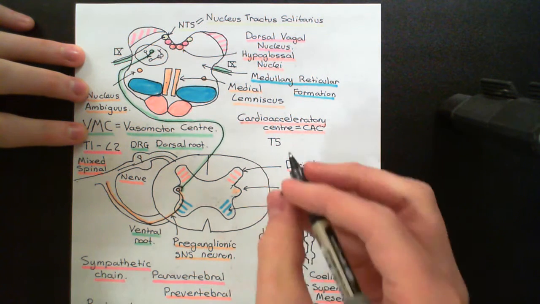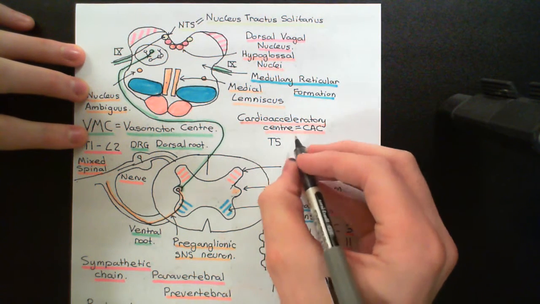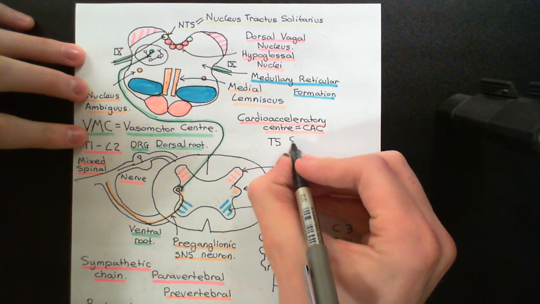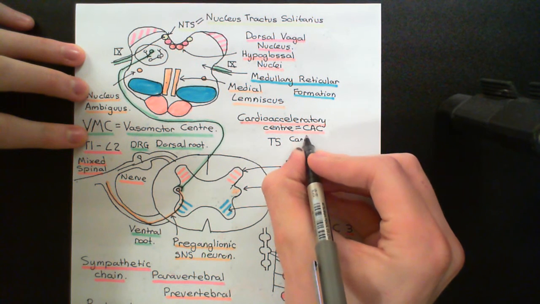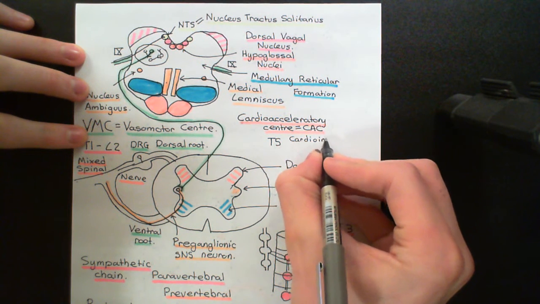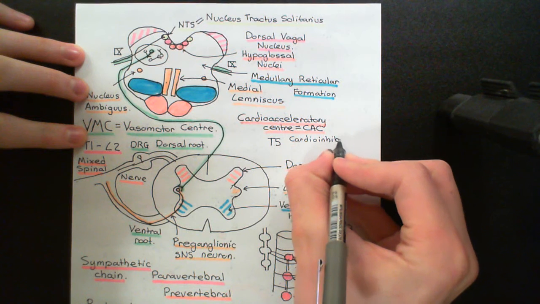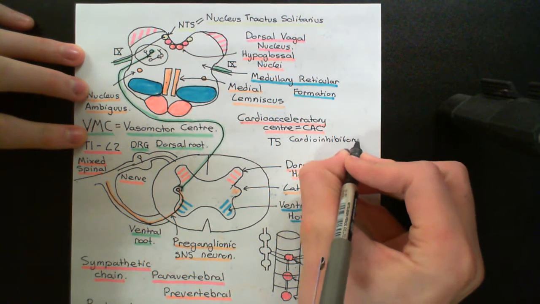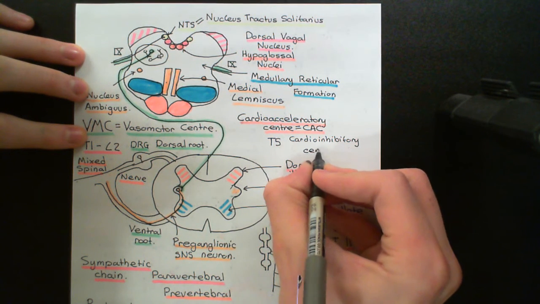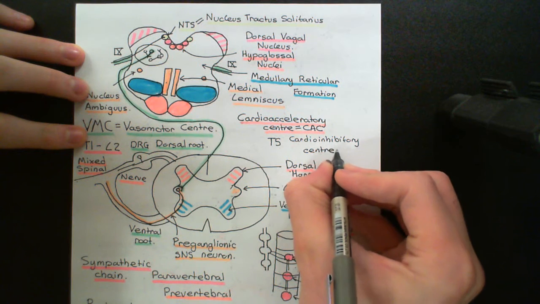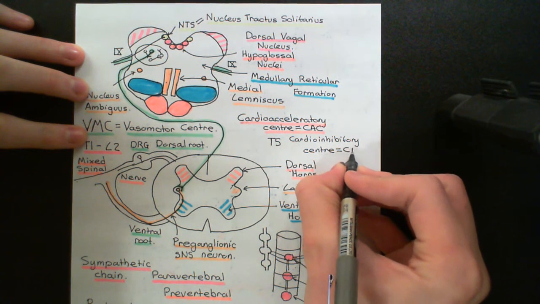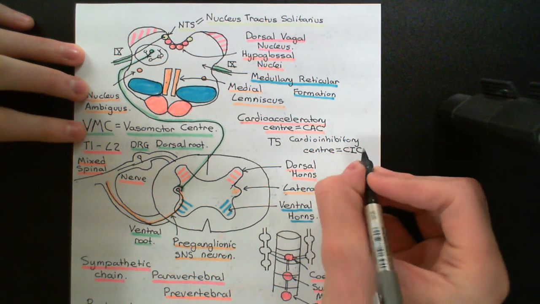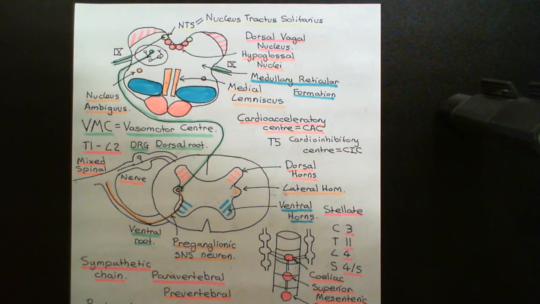Okay, finally, what I want to talk about before I put this all together is the Cardioinhibitory Centre, which is usually abbreviated down to the CIC. Now this is the name for the control centre for parasympathetic stimulation to the heart.